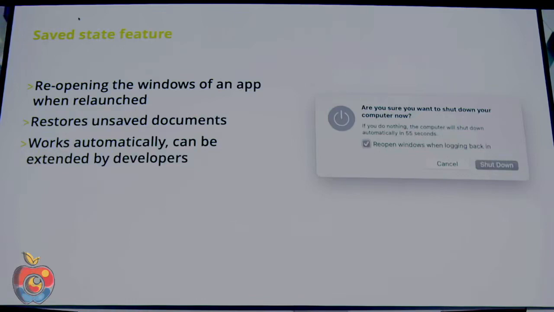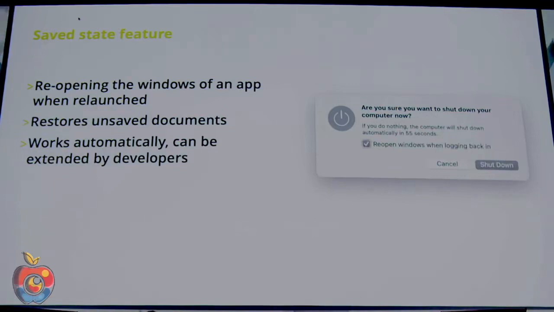So the user still thinks that application is running, but when they switch back, the application is quickly reopened again and it restores its state. So the system can save some memory while the user still thinks the application is open. It can also restore your unsaved documents if you reboot while you have a document open. Even if you didn't save it anywhere on your disk, it can still be there if it's implemented correctly.